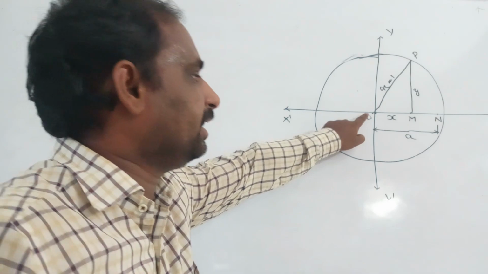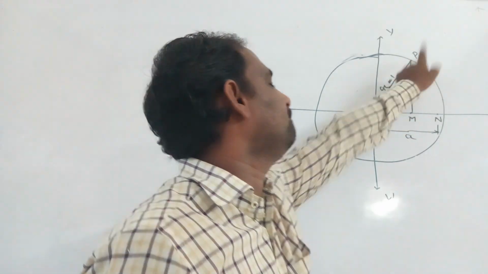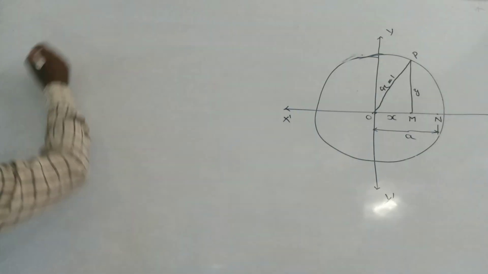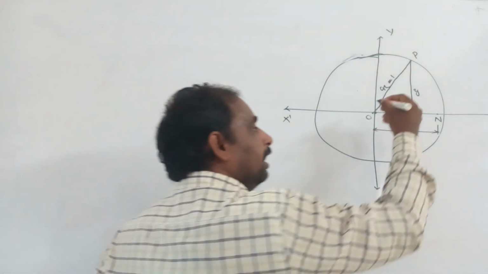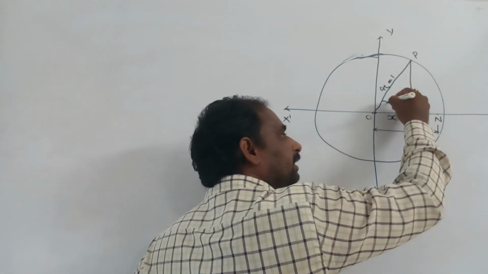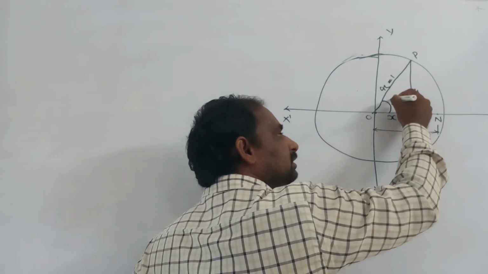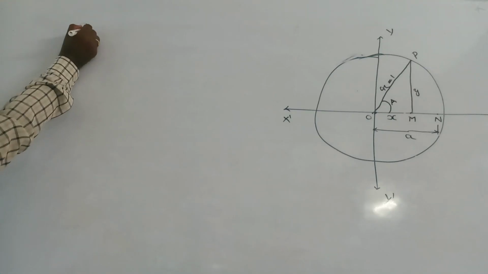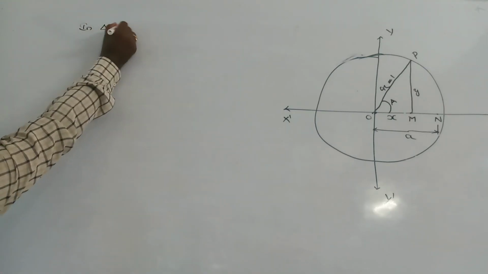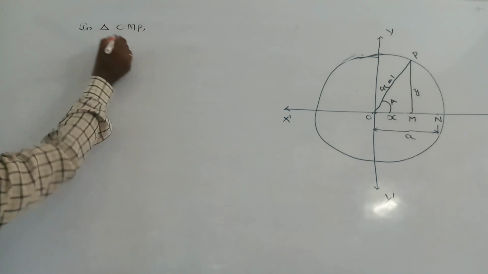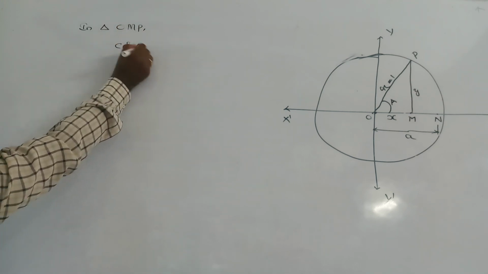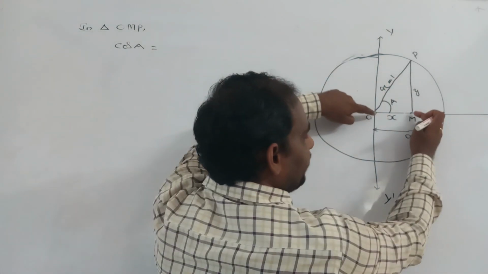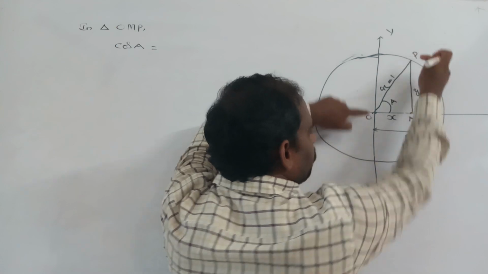Now consider triangle OMP, and let the angle be capital A. In triangle OMP, cos A is again adjacent side by hypotenuse.